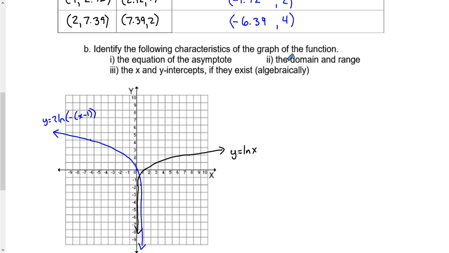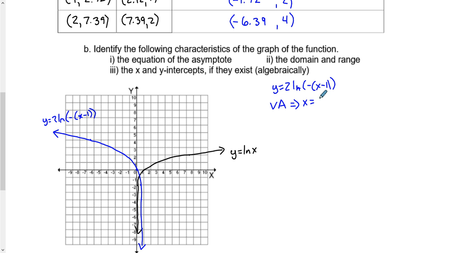For this one, we're not actually going to do this one algebraically because it's really beautiful to see. For y equals 2 ln of negative x minus 1, our vertical asymptote, we can see that it's actually approaching that 1.